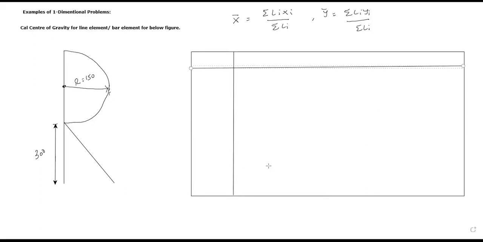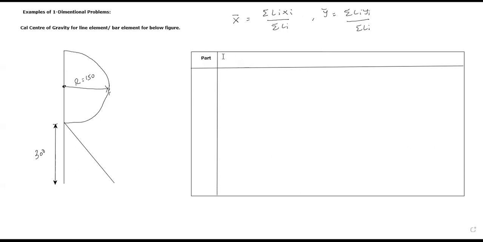Right. Next, see in equation which values will be required: length, xi, yi.